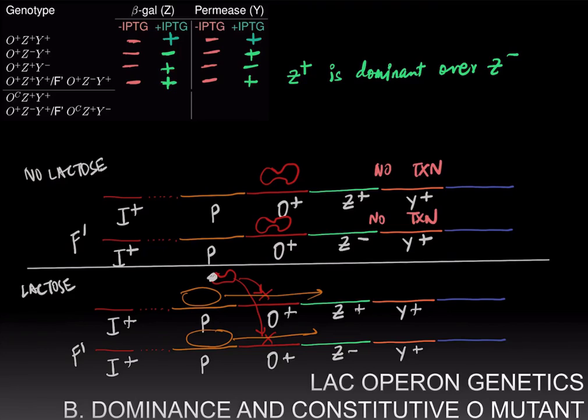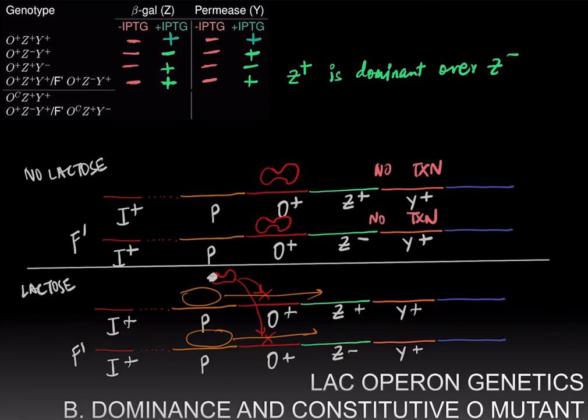and we will get beta gal protein expressed as well as permease protein expressed, since one of the alleles is Z plus, and that's why we see both beta gal and permease expressed. And of course this assumes that beta gal is haplosufficient.